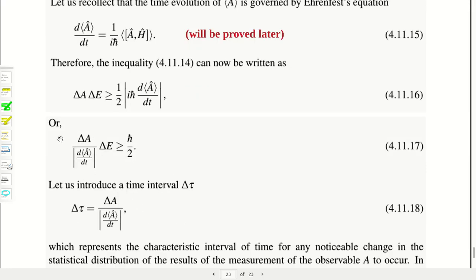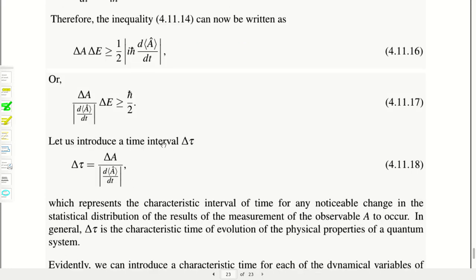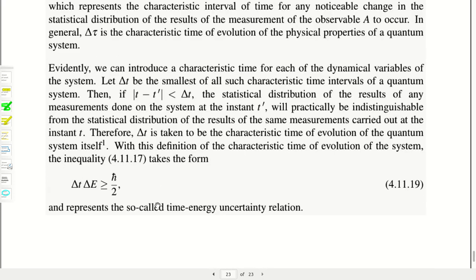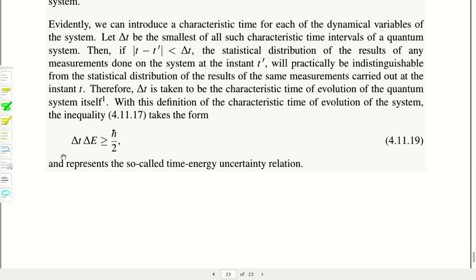Now look at this thing, this is delta A by d/dt of A, so the dimension of A will cancel each other, and the dimension of this one is nothing but time, so we can write this as the time interval delta tau. So this is delta tau and delta E, which is greater than or equal to h cut by 2. This is the famous uncertainty relation between time and energy.